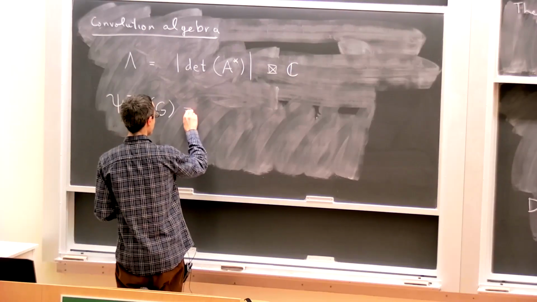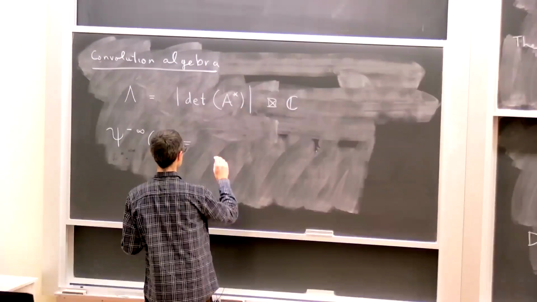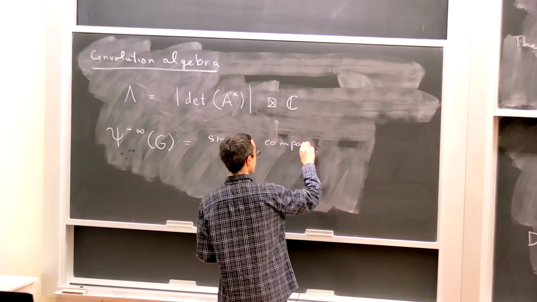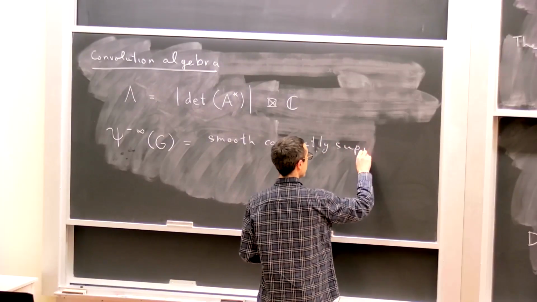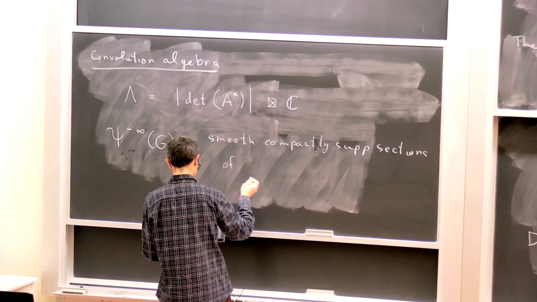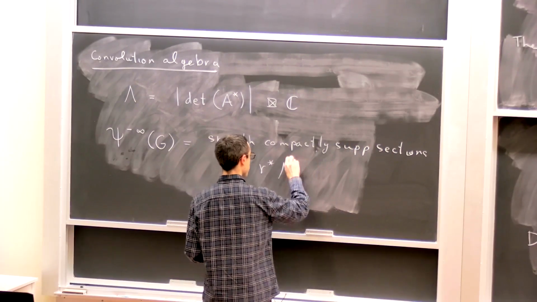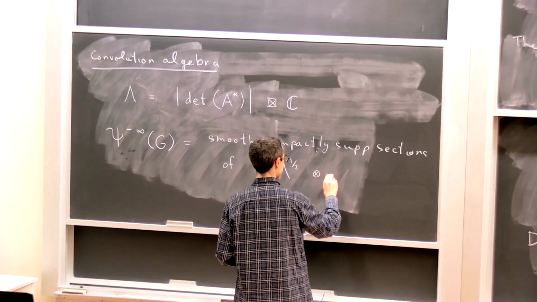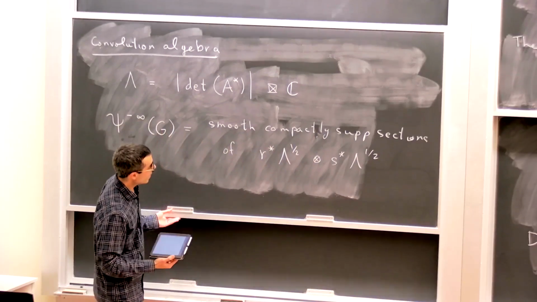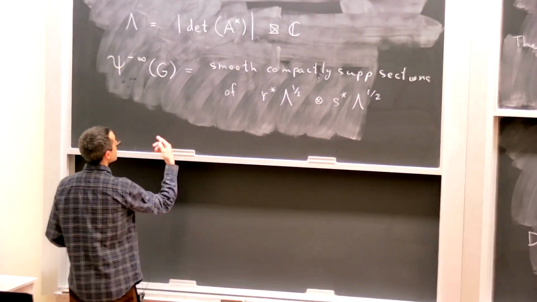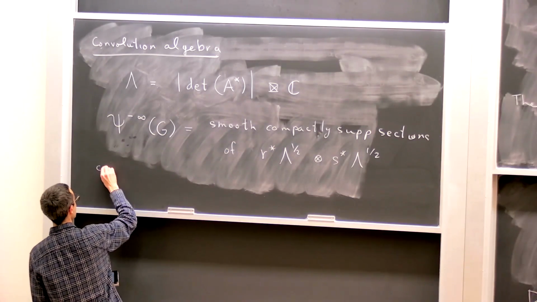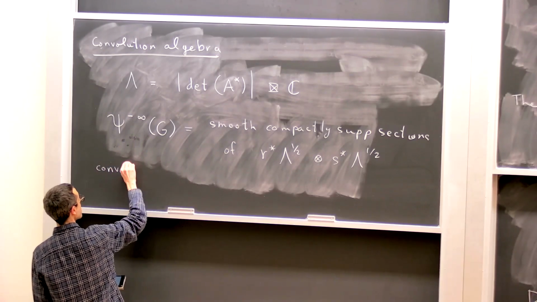So this is the smooth compactly supported sections of r star lambda to the half tensor s star lambda to the half. I'm just sticking in some half densities in order to make the formula for the convolution as nice as possible. So this thing is an algebra and it has a convolution product.